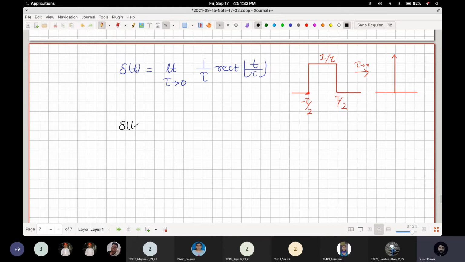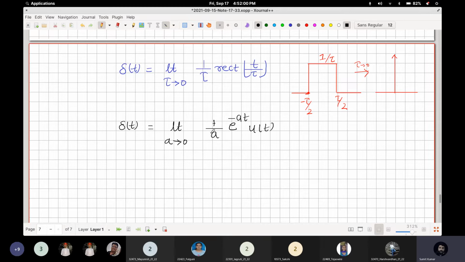So delta t can even be written like this: limit, let's say again I will be using this tau only, or let me use a there. a tends to 0. Okay, so it is going to be 1 upon a e to the power minus at u of t.